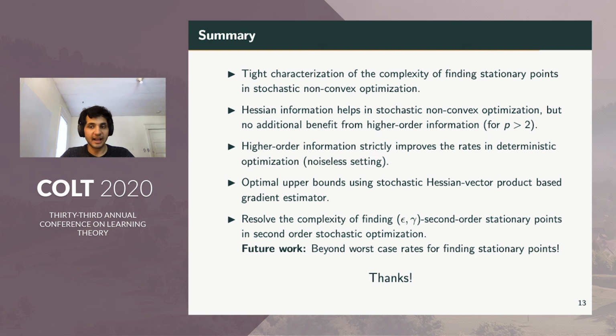We demonstrate that access to second order information improves over the first order rate. However, access to higher order information beyond the second order does not have any additional benefits. This is in contrast to the deterministic setting, where access to higher order information strictly helps. In addition to this, we also mostly resolve the complexity of finding epsilon gamma second order stationary points.